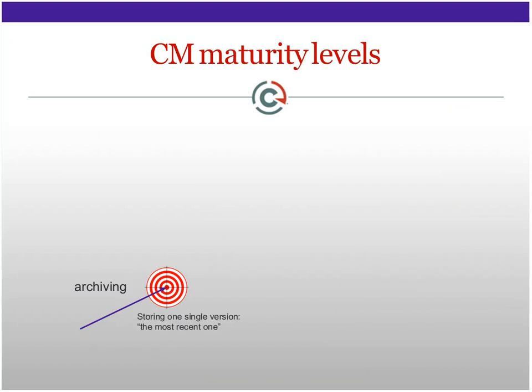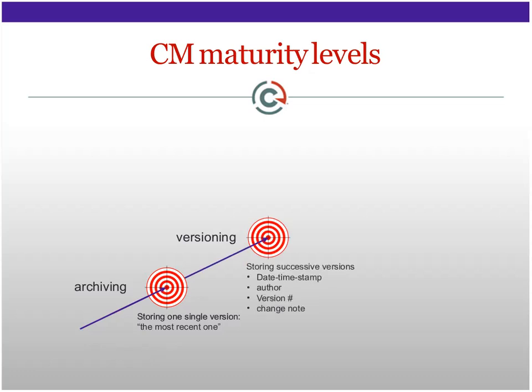So this is what I call configuration management maturity levels. Well, the simplest thing, of course, is just archiving. After you deliver, you store the latest version of whatever technical equipment and documentation you have delivered. So electrical drawing, latest version, software, latest version, and so on. Versioning is the next phase.